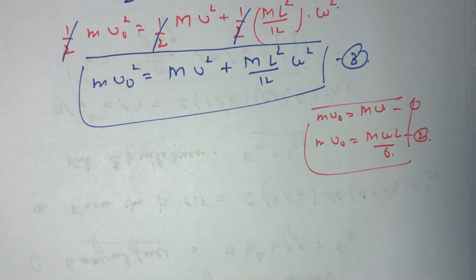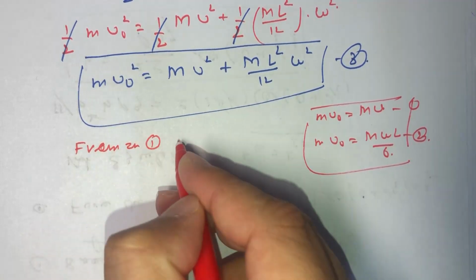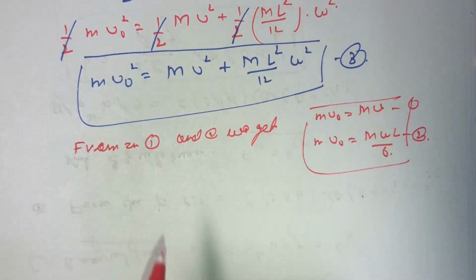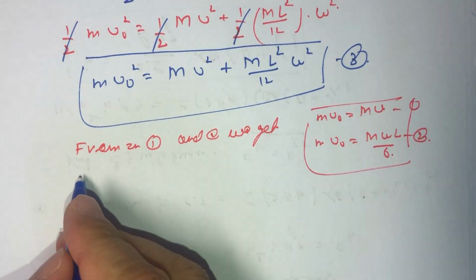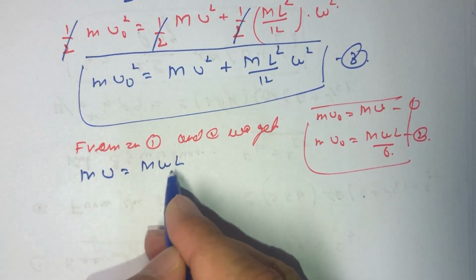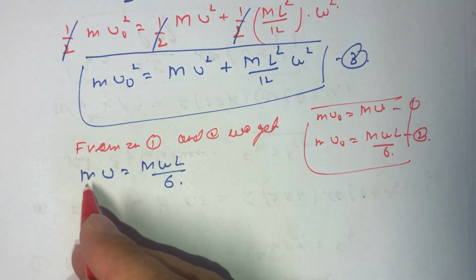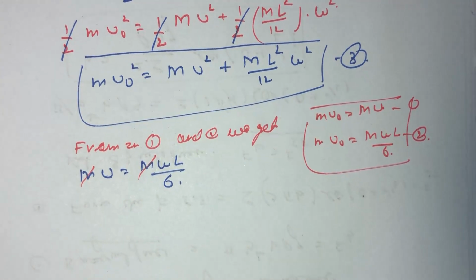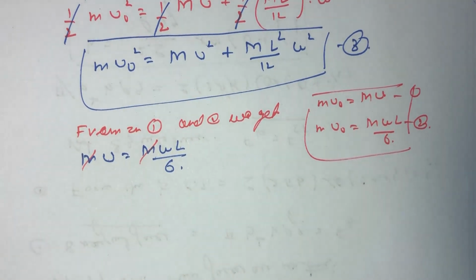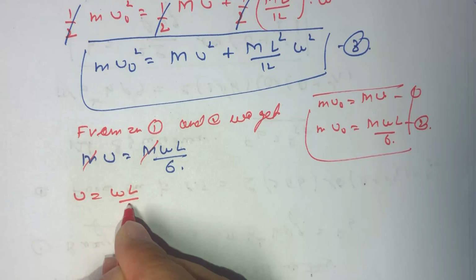So you can say from equation 1 and 2, we get mv is equal to m omega L divided by 6, and from here m cancels with m, therefore we get that our v is equal to omega L divided by 6. V is equal to omega L divided by 6.